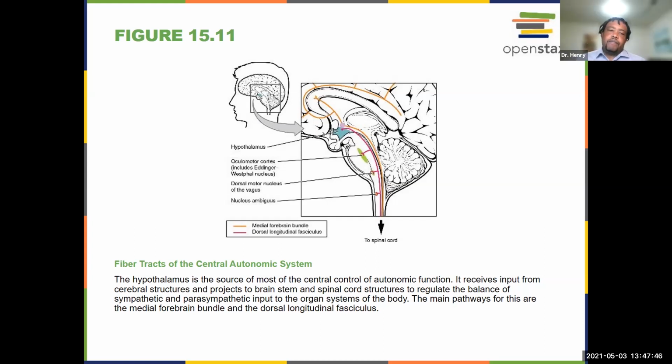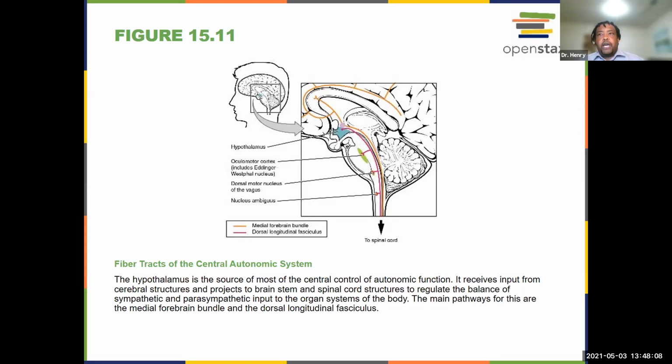Okay, so in the case of the fiber tracts of the central autonomic system, you have the hypothalamus. The hypothalamus is an organ that makes a lot of the hormones and receptors that are going to be needed for the stimulation.